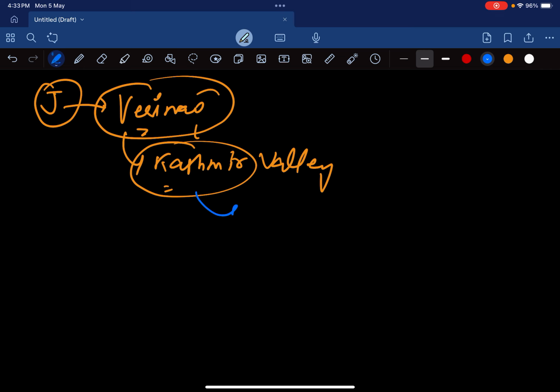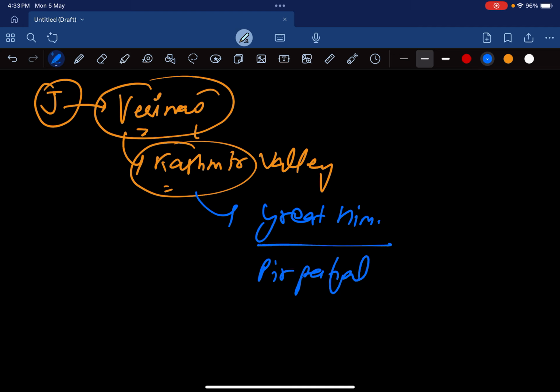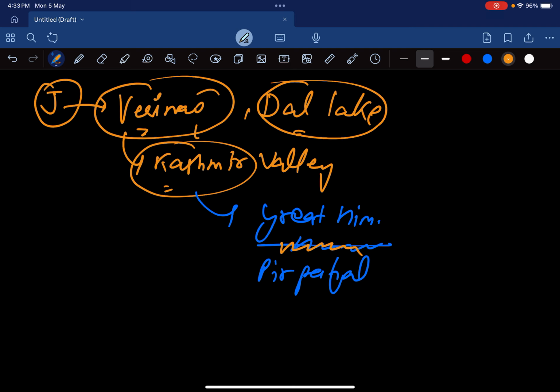Can you remember? It is between the Great Himalayas and the Pir Panjal. Right? Jhelum also forms the Dal Lake. Right? Dal Lake is a freshwater lake.